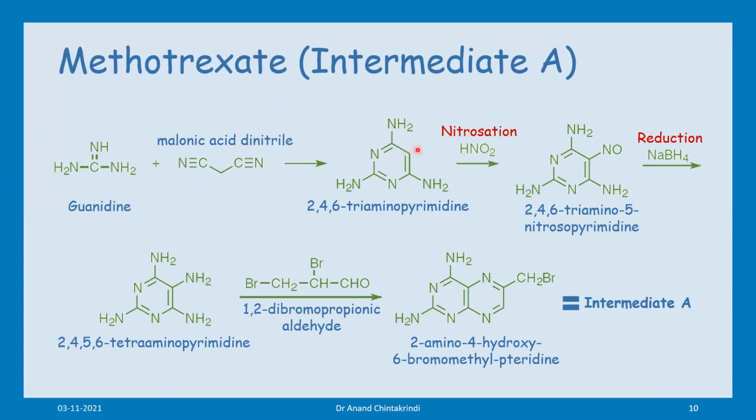The next step is attachment of the nitroso group at the 5th position. So you get this 5-nitroso derivative of the pyrimidine, which is reduced to form a tetraamine pyrimidine, which is condensed with this dibromo derivative to form this pteridine, which is intermediate A.